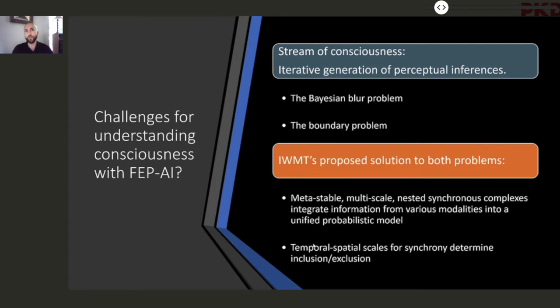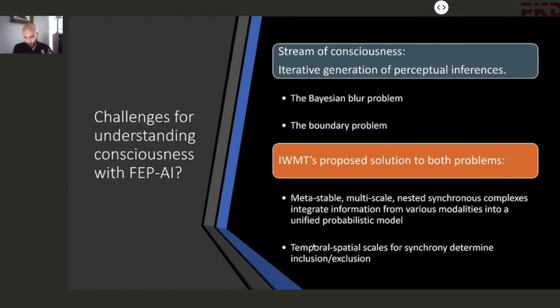Should we think of the entire generative unfolding of the organism and its relationship with its eco-niche as entailing consciousness in an extended mind sense? Or should it be something that stops at the boundaries of the nervous system? Or is it some sub-network that's particularly important for generating experience? And integrated world modeling theory argues for the latter.